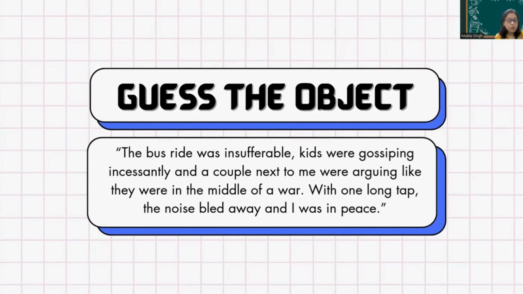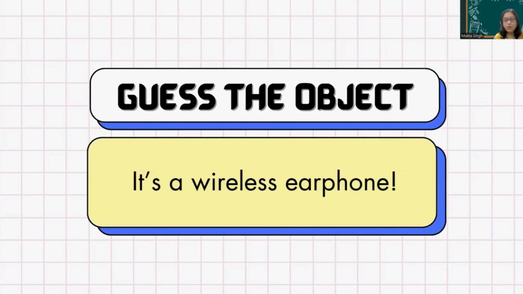So, what did he use to get rid of the chaos and the noise around him? Can you guess? All right, what was the thing that helped him get rid of the noise in the bus? A wireless earphone.